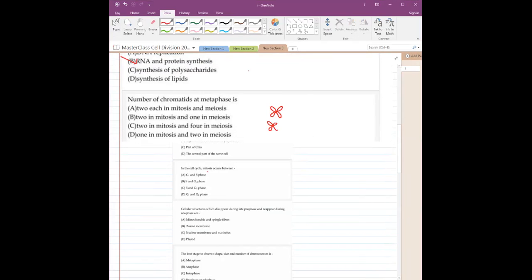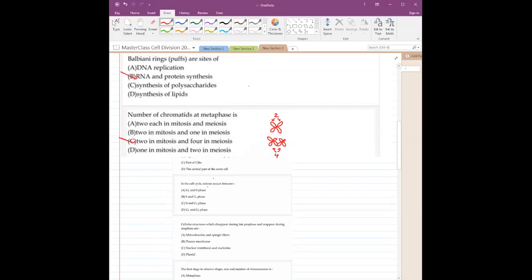And in metaphase one of your meiosis, you are going to see a situation like this. See here, there are two chromatids, but here there are going to be four chromatids. So two in mitosis and four in meiosis. Everybody has understood this thing, guys? Okay, fine.